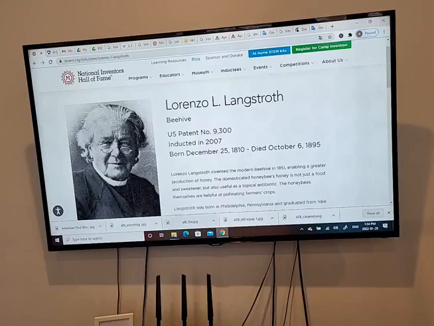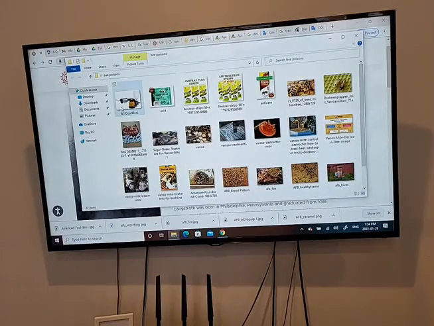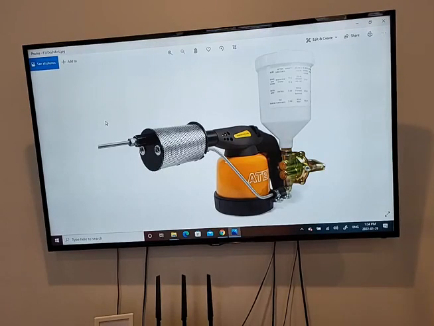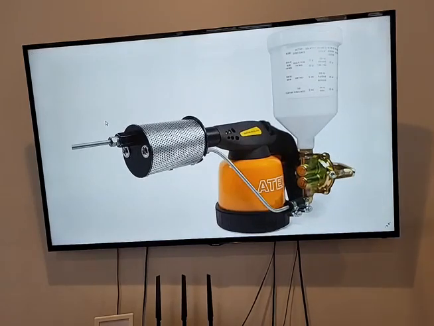So here, okay, I found these pictures on the internet. This is a simple method to care for diseases that the beehive has. I'll just go on to the next.